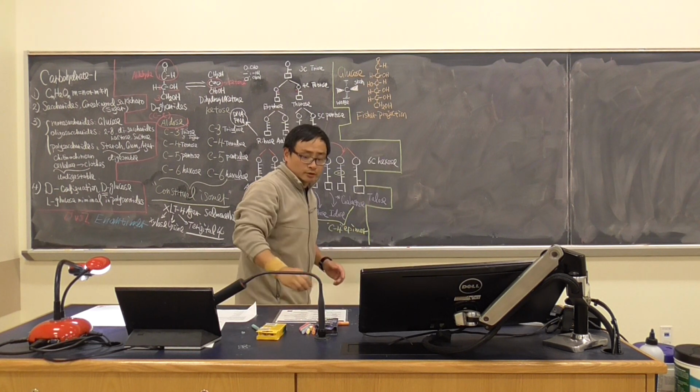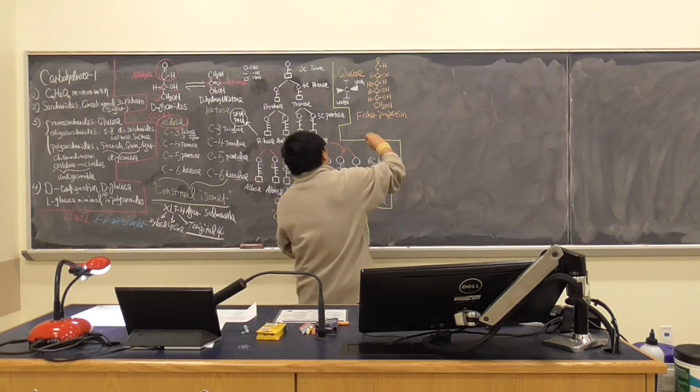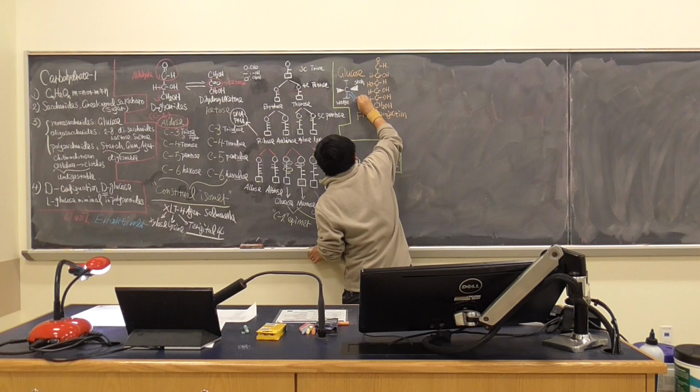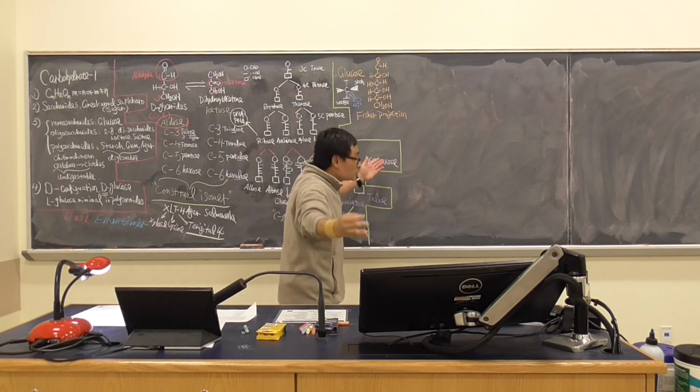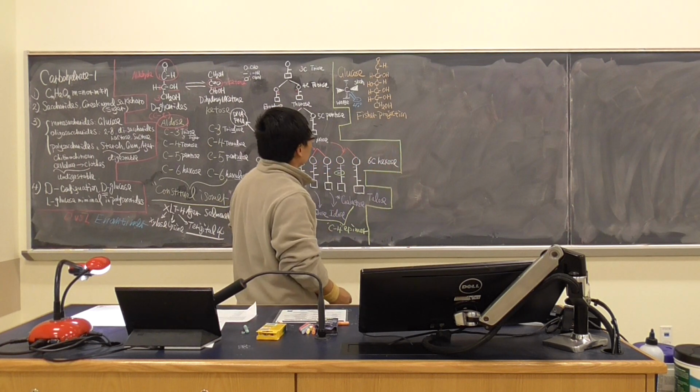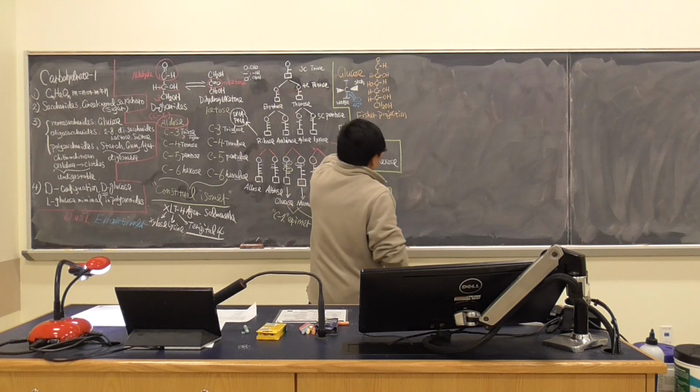If we put our eye at 45 degrees in this direction, the chemist tells you it looks like that. That is where the Fischer projection originally comes from.